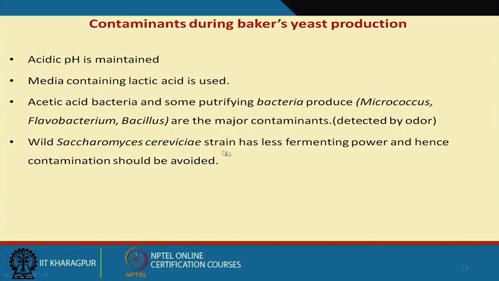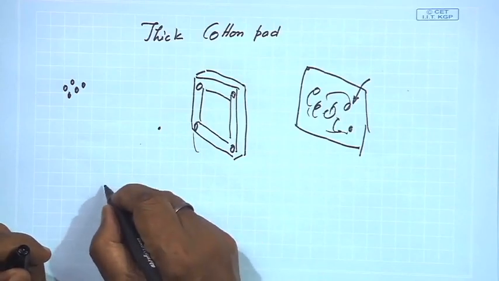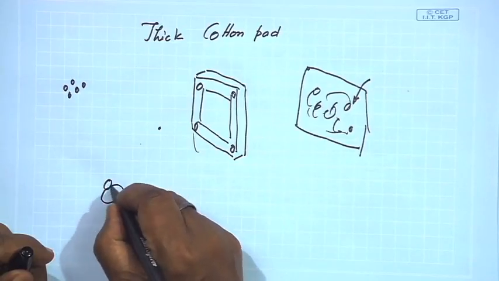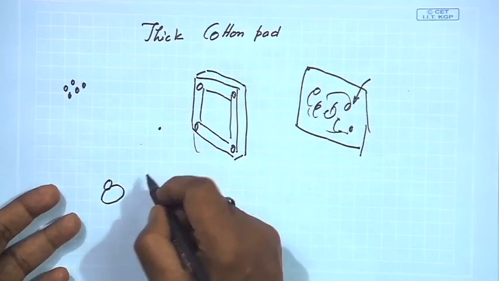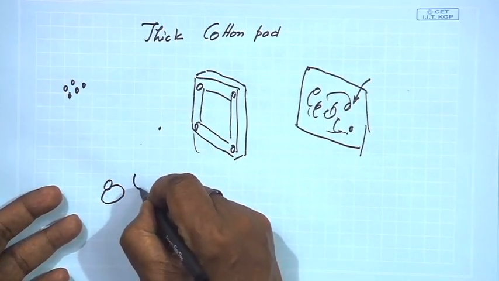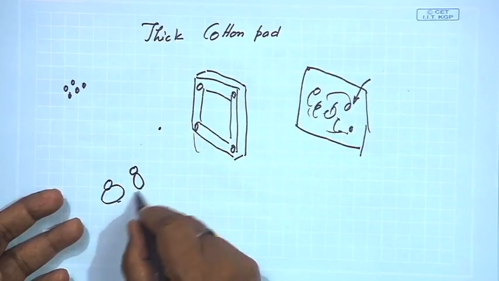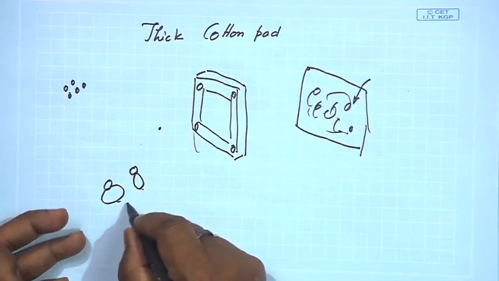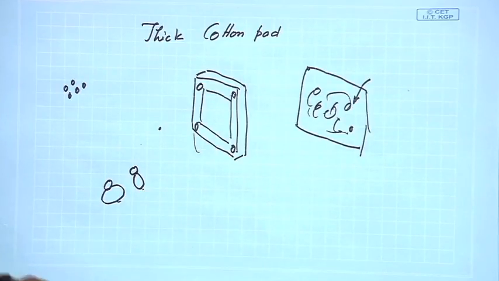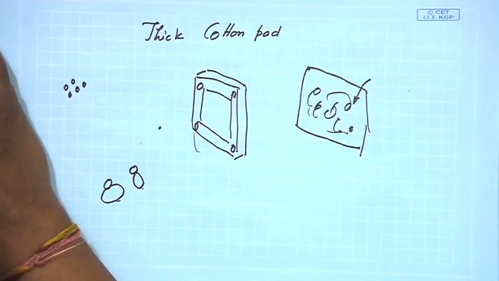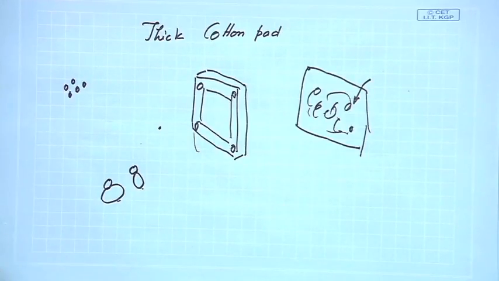Also, a Saccharomyces cerevisiae strain contaminated this way has less fermenting power, hence contamination should be avoided. I showed you before that you can find this out very easily under the microscope. Suppose your industrial microorganism has a morphology like this, and when you observe under the microscope you find other yeast cells that look different; you can visually differentiate them.